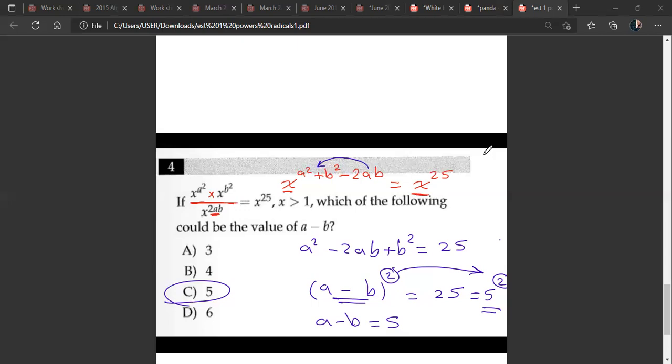In the next lesson, can we solve together the ACT International October 1st 2022 math section?